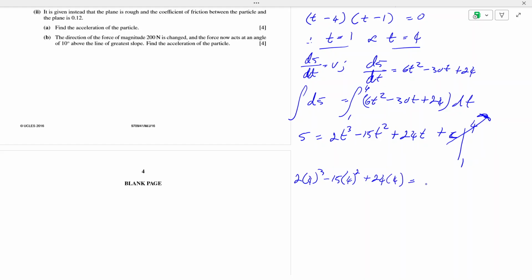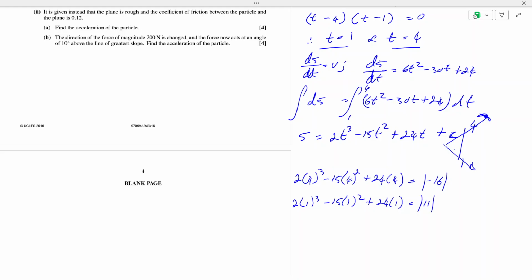And then I get negative 16. But I just want the magnitude of that. Same thing, I'm going to do that with the 1. Plug in as well: 2(1)^3 minus 15(1)^2 plus 24(1), which is equal to 11.